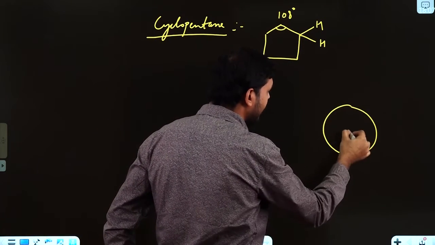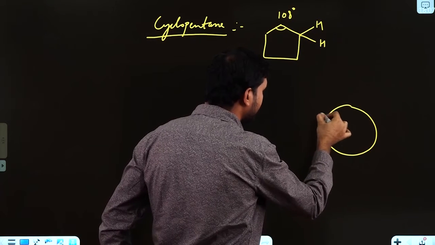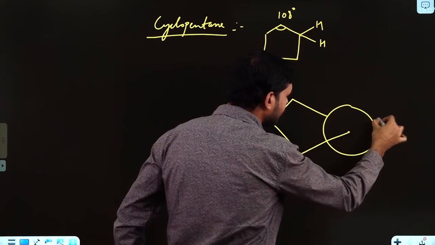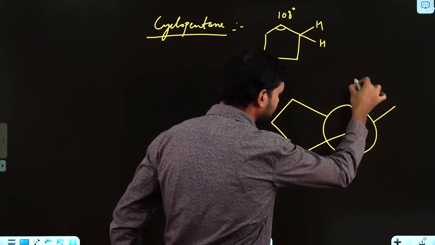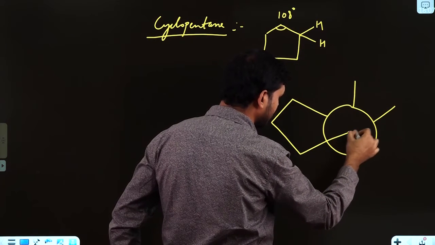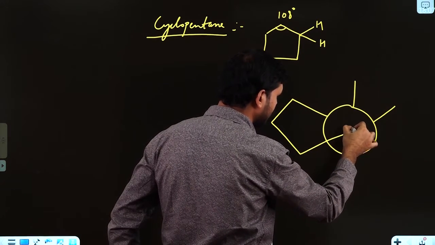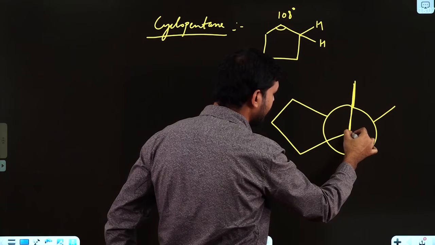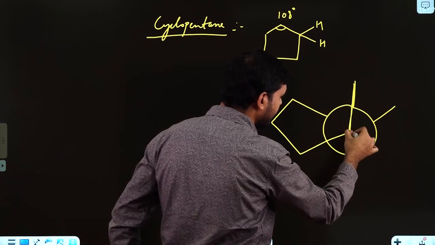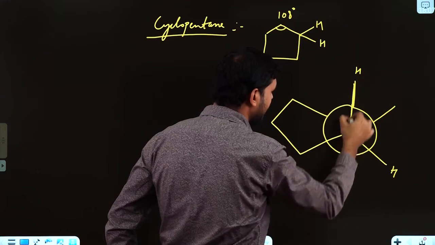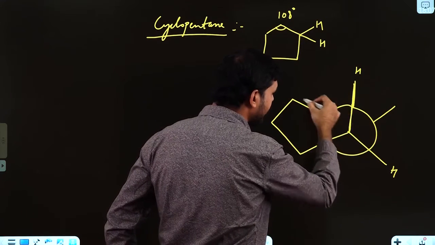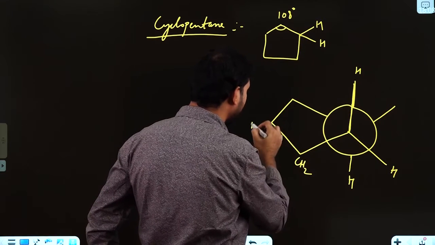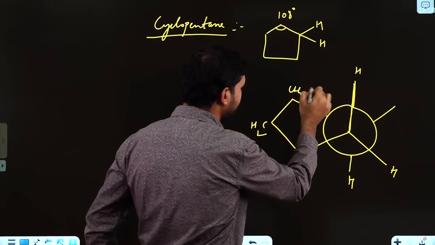So again, it is having front and back, right? So with respect to this 1, 2, 3, this front carbon is having one bond this side, one bond this side, and one bond this side, H, H, and one bond towards back. Now this back carbon is having one this side, and one this side. Okay, now this is your CH2, this is your CH2, now this is your CH2.